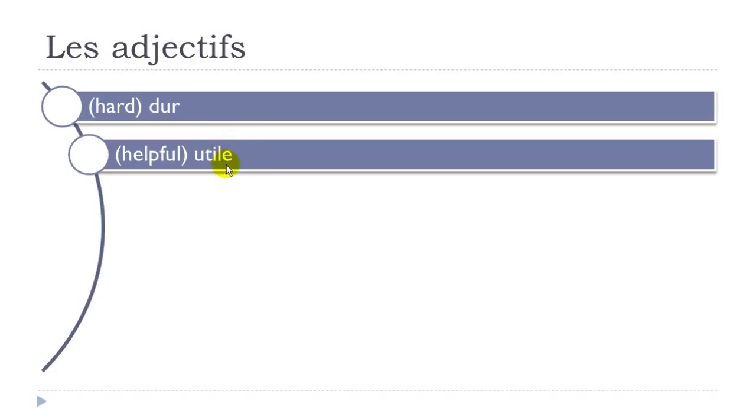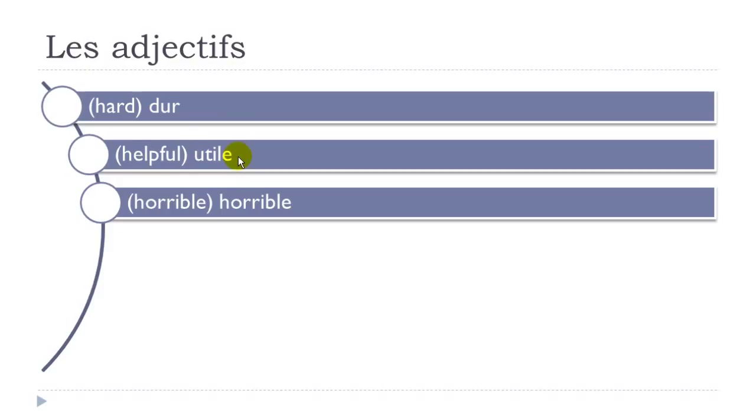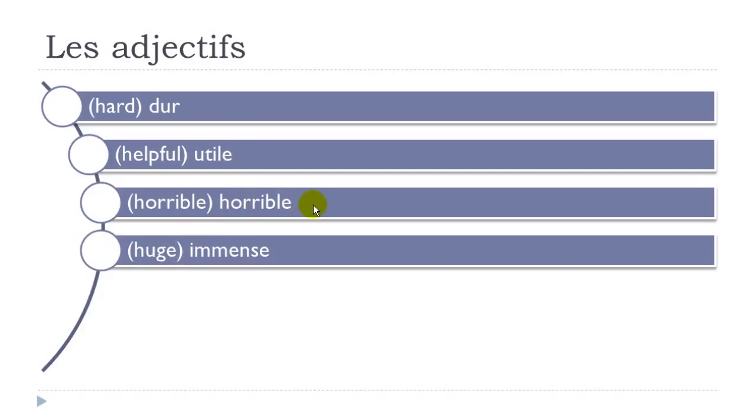Utile. Final E not pronounced, so utile. Horrible. Okay, remember we don't pronounce H here. Horrible. Immense. Final E not pronounced. Immense.